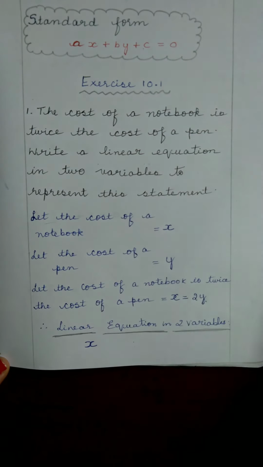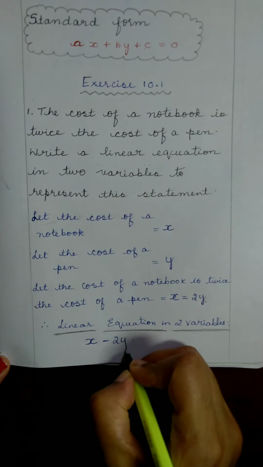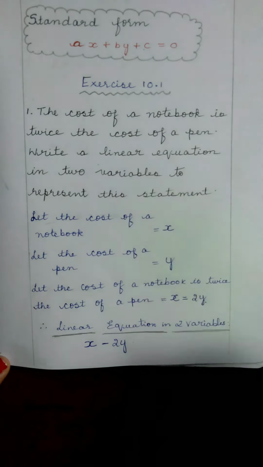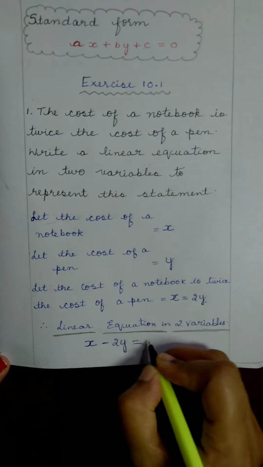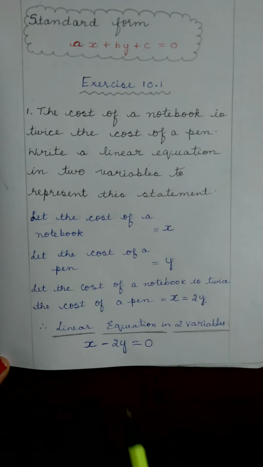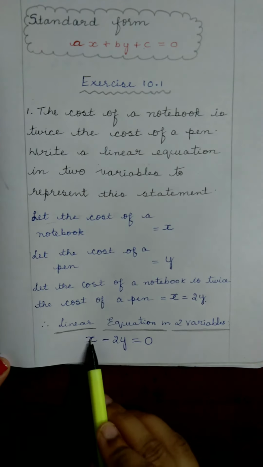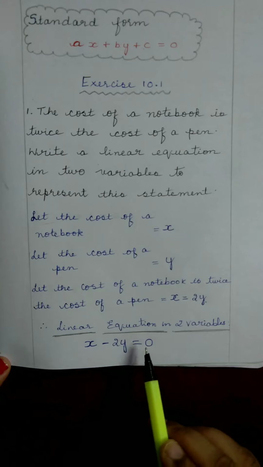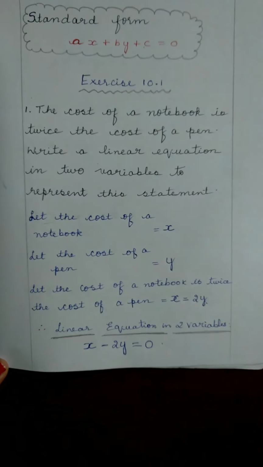While coming to the left hand side of the equation, it changes to -2y, and the c value is not given. We can make it equal to 0. So this is a linear equation in two variables. We got x - 2y = 0 as the answer to this problem.